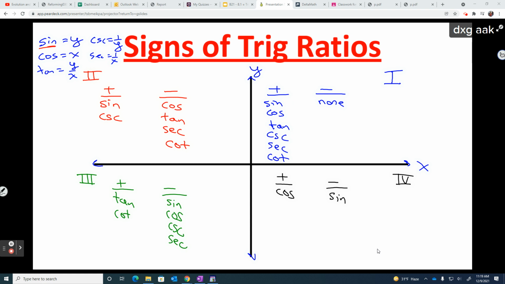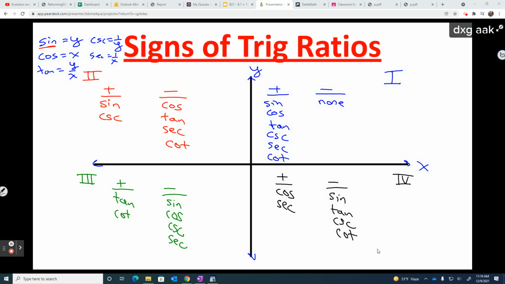What about tangent? Positive or negative? Yep, negative. So this would be a negative over a positive. Then with cosine, we've got secant, right? With sine, we've got cosecant. And tan is going to be negative, so cotangent as well. There we go. So those are the signs for each of the trig functions.